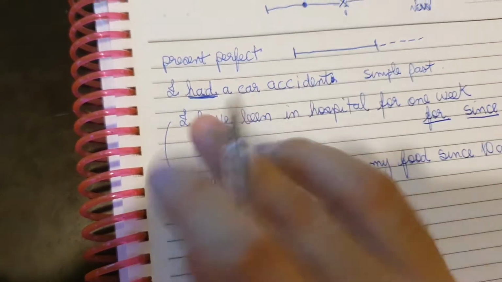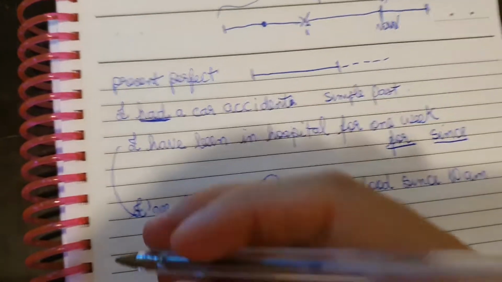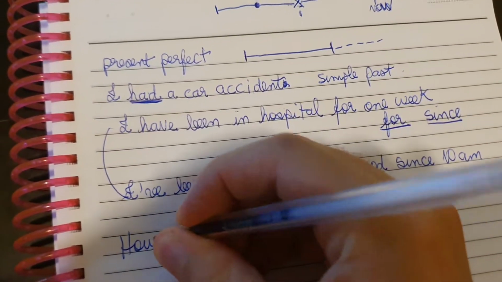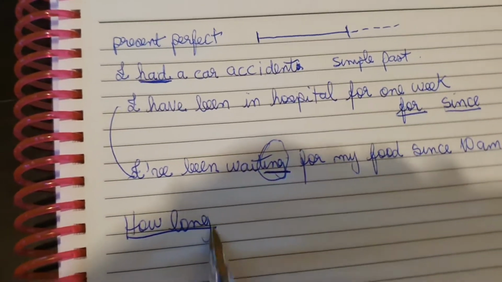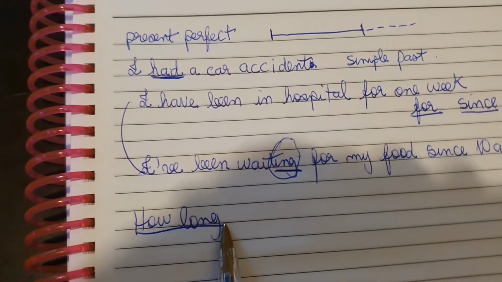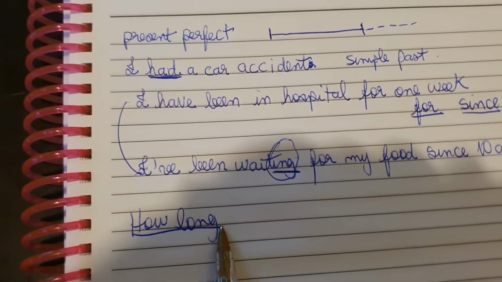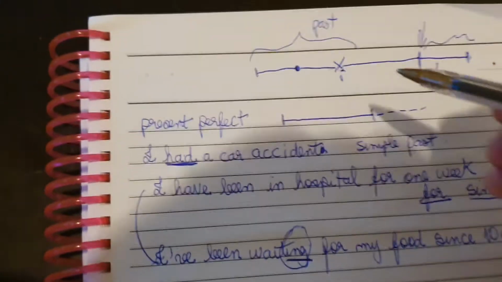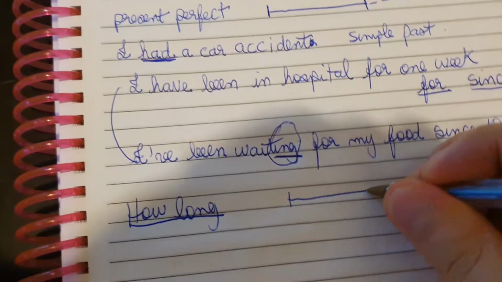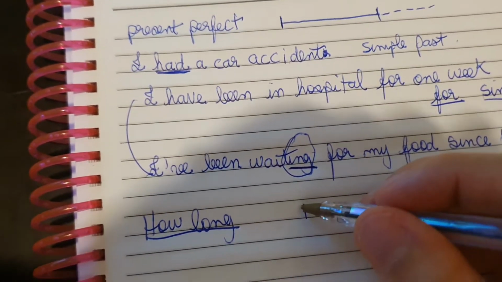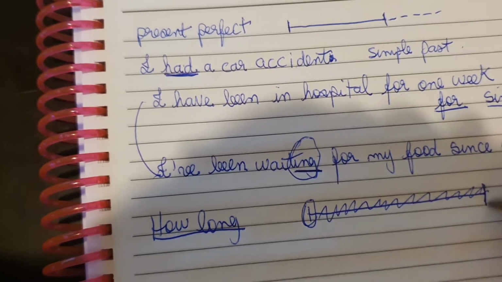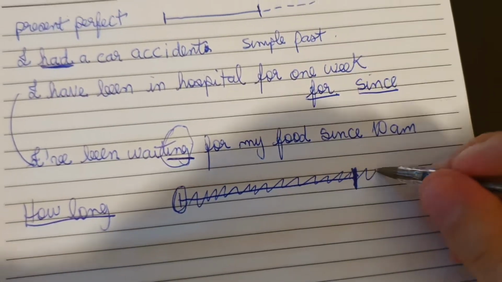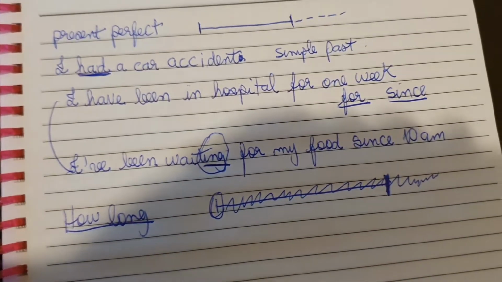So here you have both situations. When you use the expression how long, right? How long is used more often in the continuous form because how long gives an idea of continuity, of something that started happening and still comes to now and will happen in the future for some time.